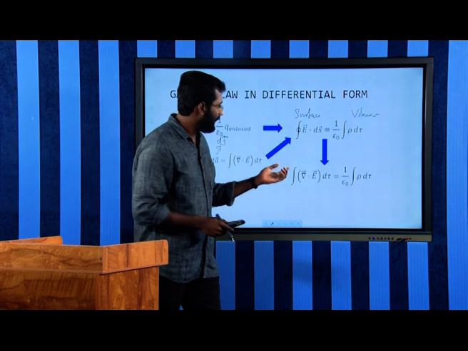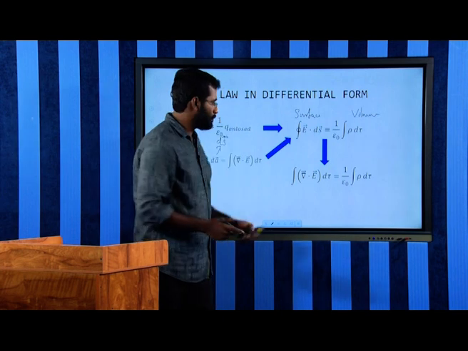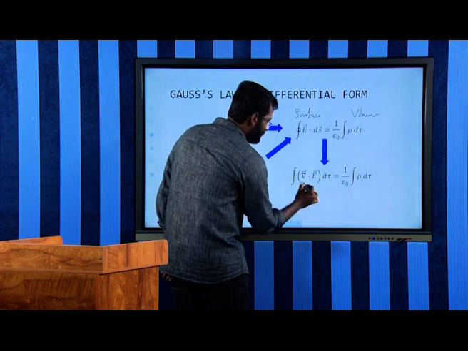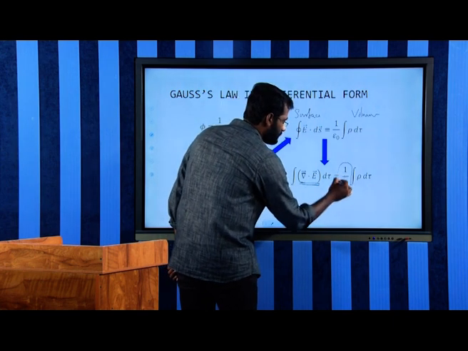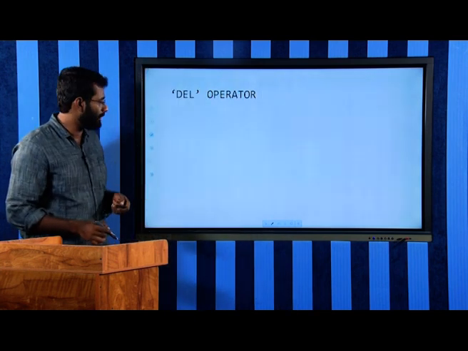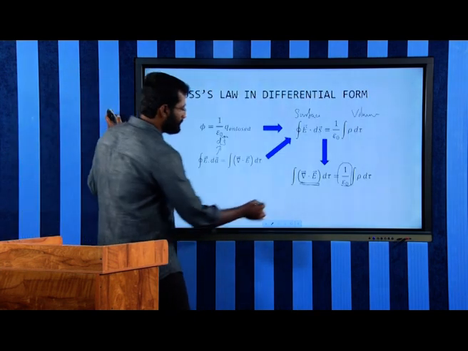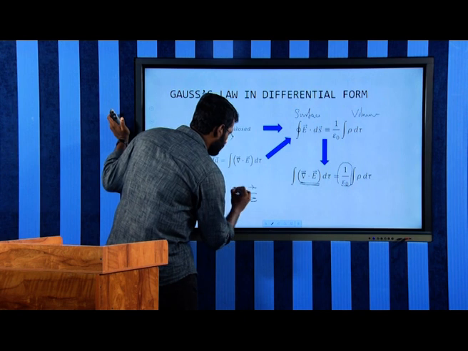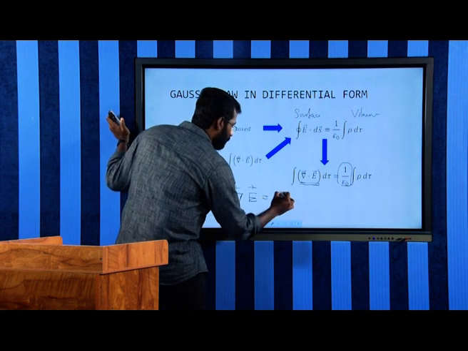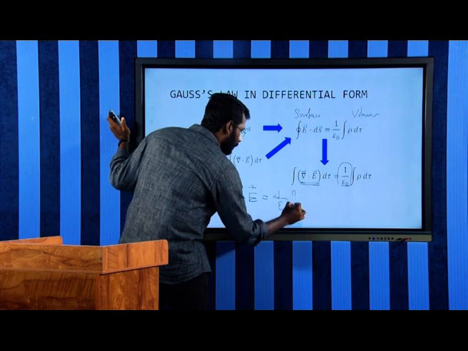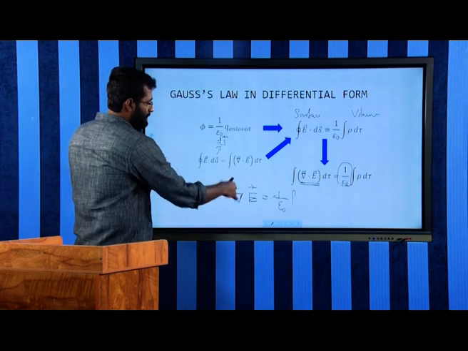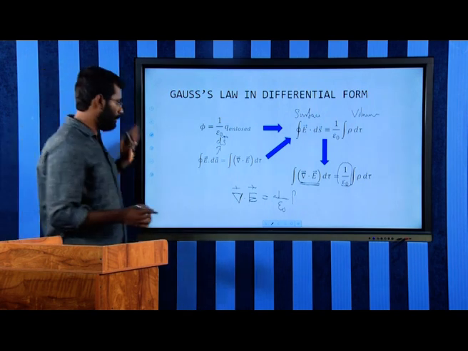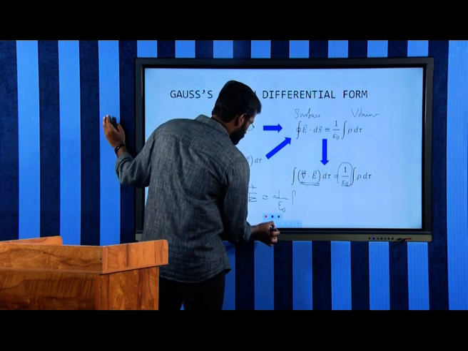Now we have converted both sides into a volume integral. Removing the integral sign, what remains is del dot E and 1 by epsilon 0 times rho. So we can equate them: del dot E is equal to 1 by epsilon 0 times rho. The left side is called the divergence of the electric field. This is called Gauss's law in differential form.